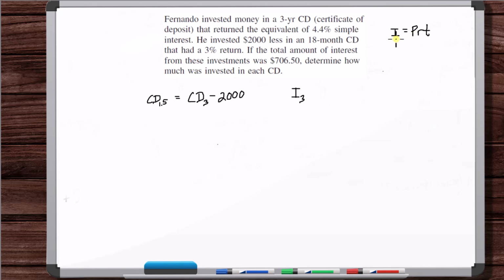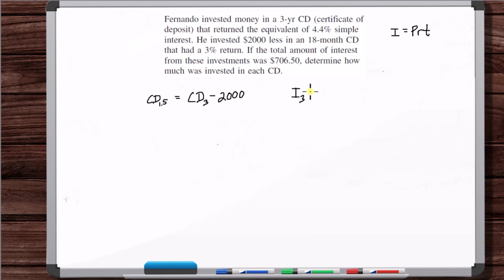We'll have I3 and I 1.5. And then you can think of, we also have like R3 and R1.5, T3 and T1.5. We won't write out those variables, but you can think about it that way, right? T3 is 3 years. T1.5 is 1.5 years. R3 is this 4.4%. R1.5 is this 3%. You see?